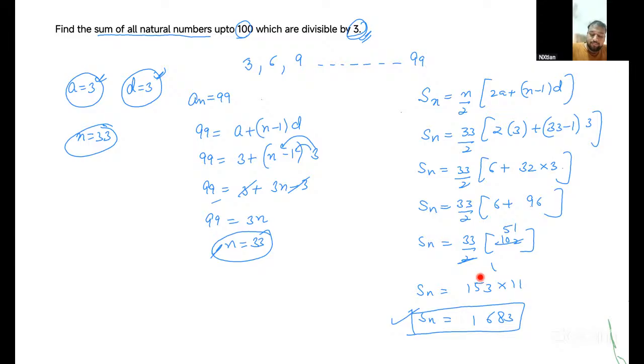This one basically, see, I know how to multiply 11 by any number. So what I did, can I write 33 as 11 into 3? I multiply 3 into 51, which becomes 153. And 11 is already there. So I have this hidden talent. You can ask me any number which is divisible by 11, any number, and I can do it.